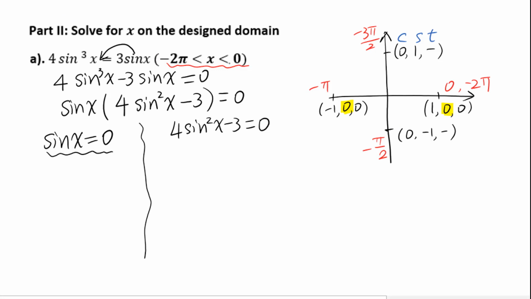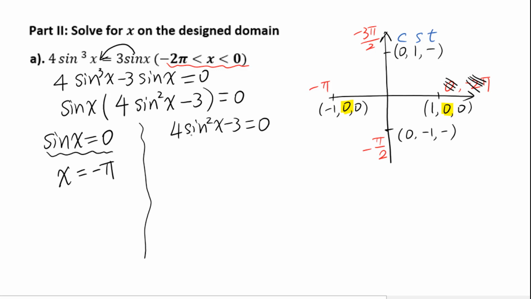Since the given domain is x greater than negative 2 pi and less than 0, this 0 and negative 2 pi are not in the domain. Therefore, we only have one solution, x equals negative pi.